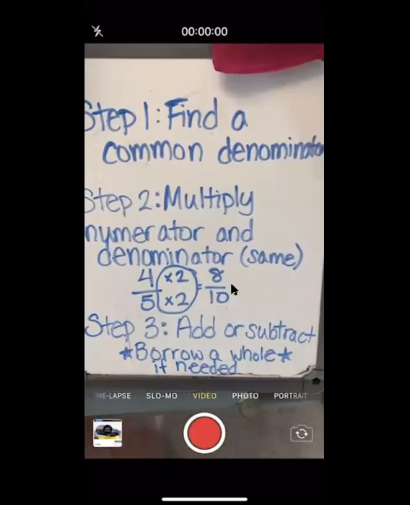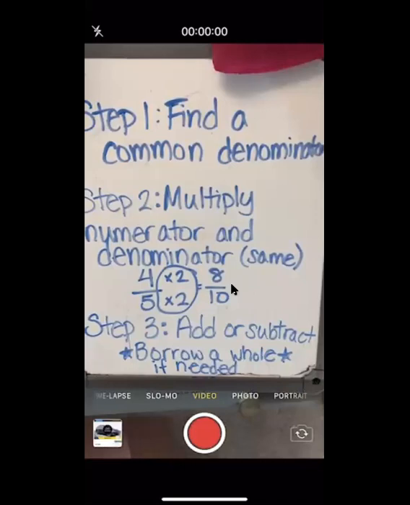And then what's our very last step? Once we've added or subtracted, we've borrowed, we've solved it, what do we always check for? Iridian, this is your expertise. So what am I simplifying? Yeah, if you can simplify. Step 4 would be check to see if you can simplify.